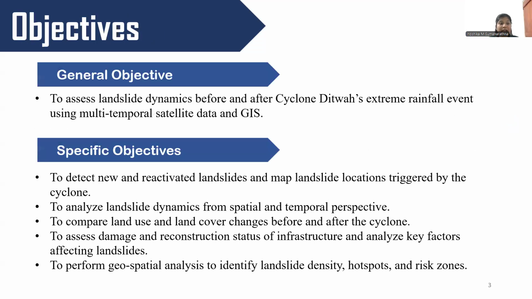The main objective is to assess landslide dynamics before and after cyclone Ditwah's extreme rainfall event using multi-temporal satellite data and GIS. Specific objectives are to detect new and relative landslides and map landslide locations triggered by the cyclone, to analyze the landslide dynamics from spatial and temporal perspectives, and to compare land use and land cover changes before and after the cyclone.